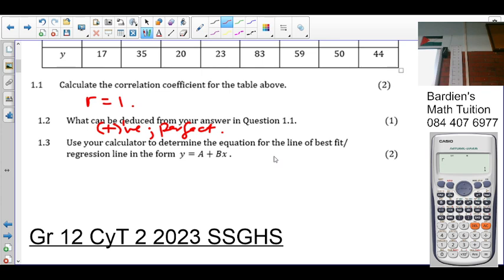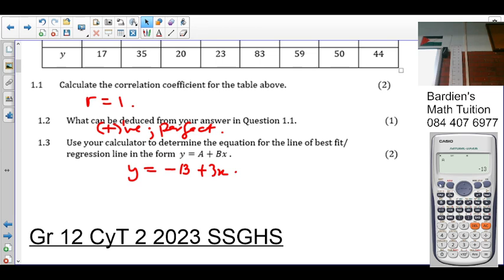Use your calculator to determine the equation for the least squares regression line, or your line of best fit, in the form y is equal to a plus bx. We already punched this information into the calculator. Again, you press shift 1, 5 for regression, 1 for a, which gives you negative 13, and I think it was positive 3 if I'm not mistaken.